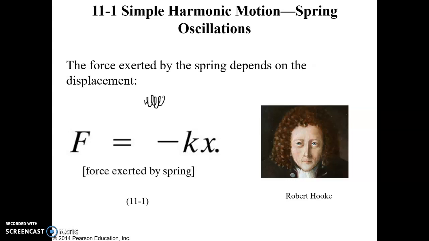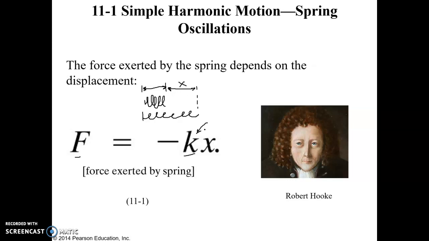If I draw my spring here, with the length it wants to be in its relaxed state, and then I stretch the spring out to here, x is the distance I have stretched it. If I multiply that by a spring constant k, that will tell me how much force was required to stretch it that distance.